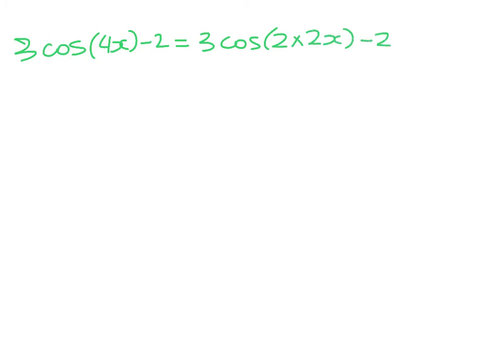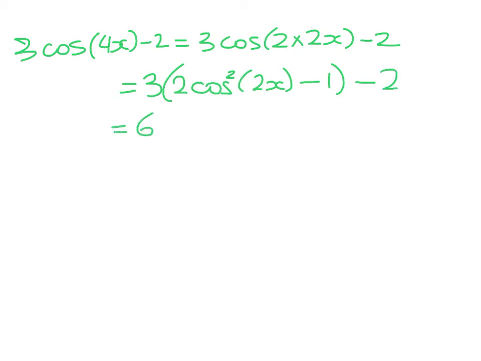Okay, so we have 3 cos of 4x minus 2 is equal to 3 times cos of 2 times 2x minus 2. So that equals 3 times 2 cos squared 2x minus 1, just applying my double angle formula.